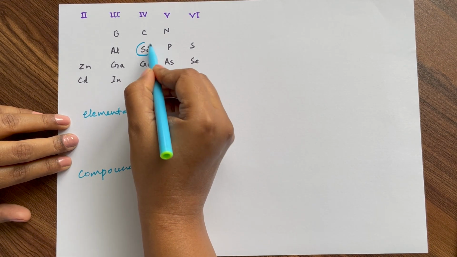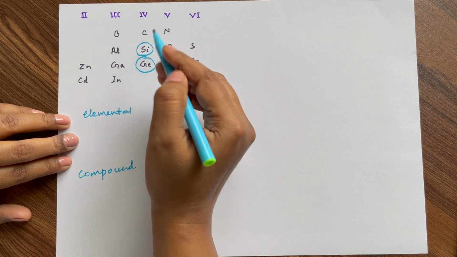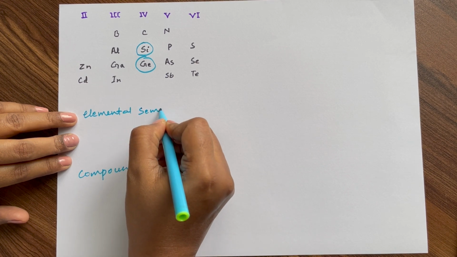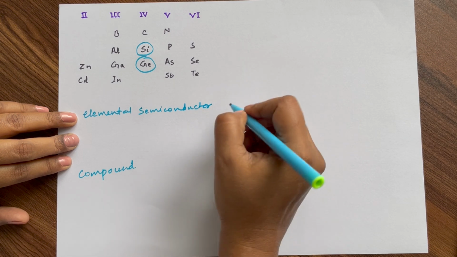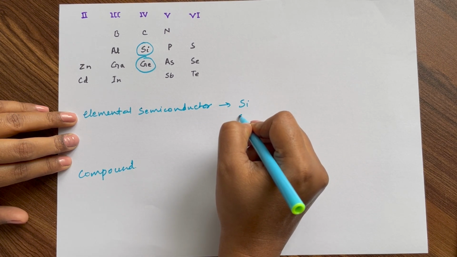Silicon and germanium from the column 4 of periodic table are called elemental semiconductors.